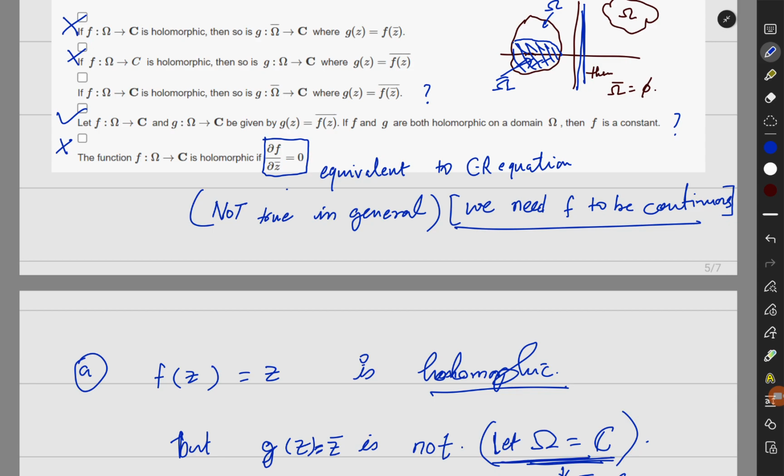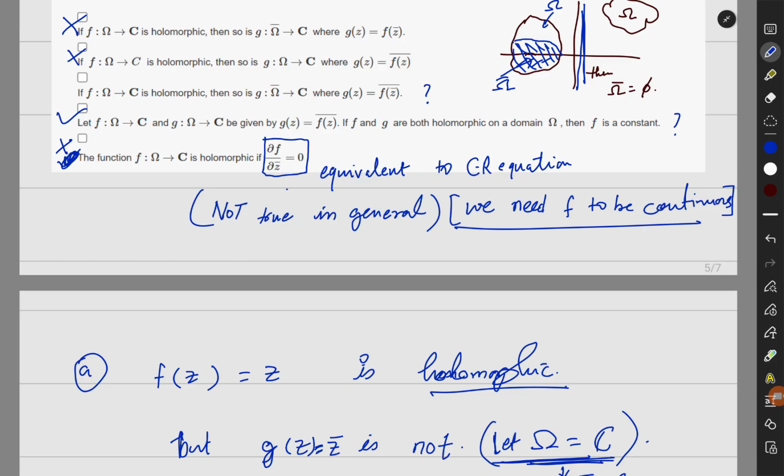Now we come to the very last question. F of z from omega to C is holomorphic if del f by del z bar is equal to 0. And this was also discussed in the classroom, that it is equivalent to the CR equation. So when the CR equation is satisfied, can you say directly that f is holomorphic? No. It is wrong. At least the theorem we have seen in the classroom is that f needs to be continuous.